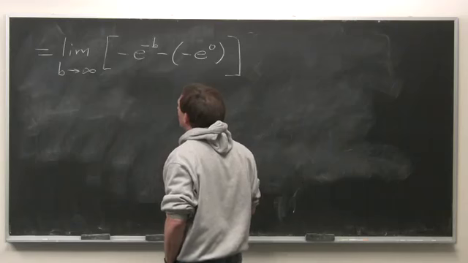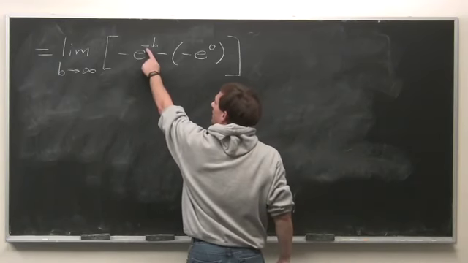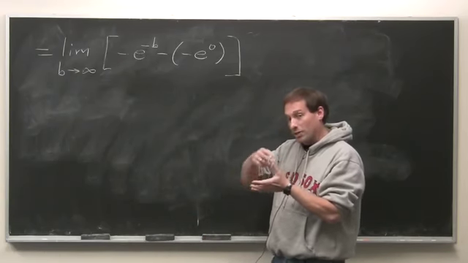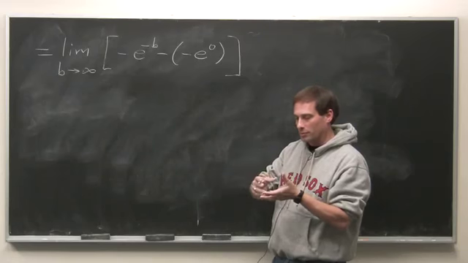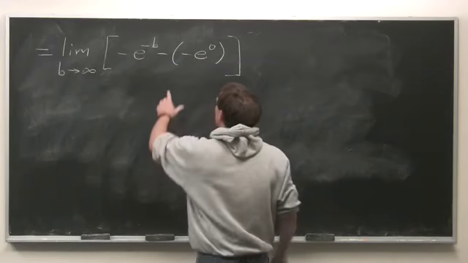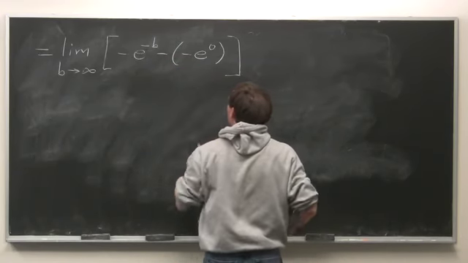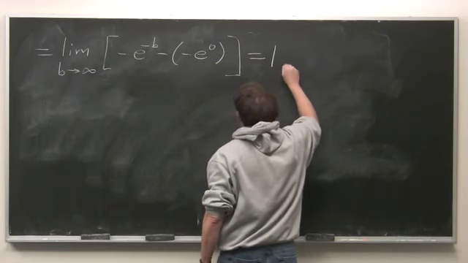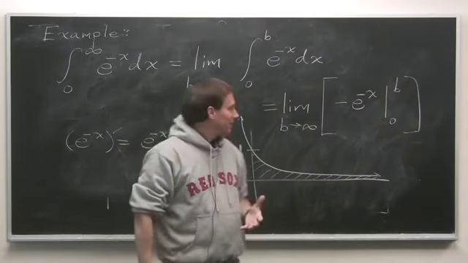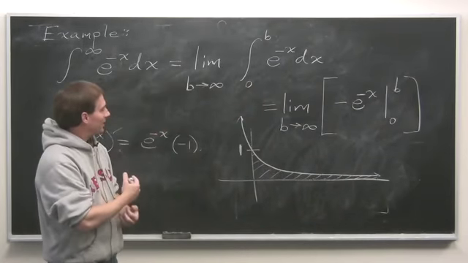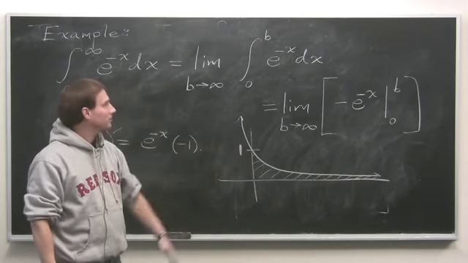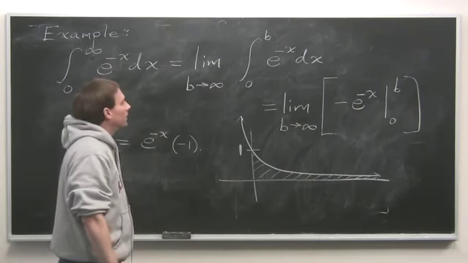As b approaches infinity, this exponent approaches negative infinity, e to the negative infinity. You should think 1 over e to the infinity, 1 over something super big is really close to 0, and in the limit this goes to 0. And so we're left with negative, negative 1. So 1. I hope it's not obvious, but yeah, the area under this graph is exactly 1 if you go out infinitely far.